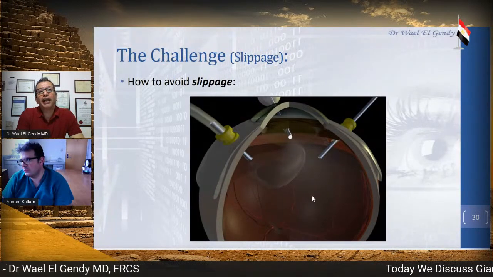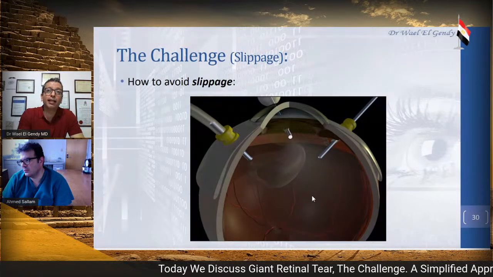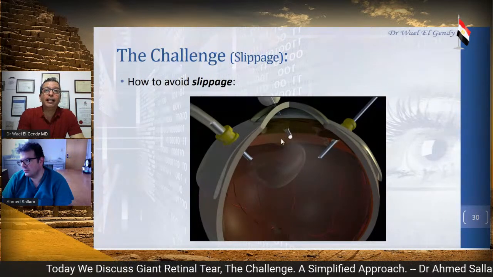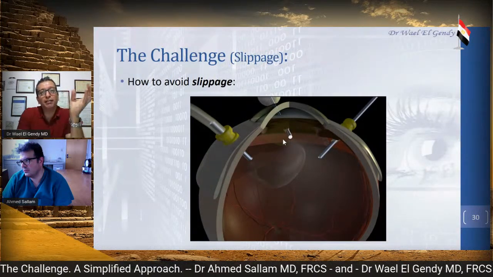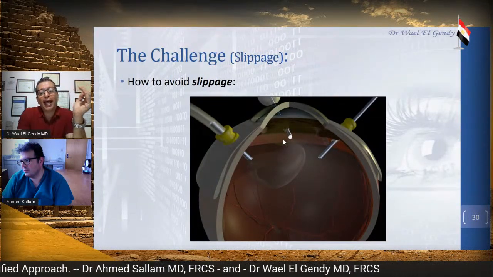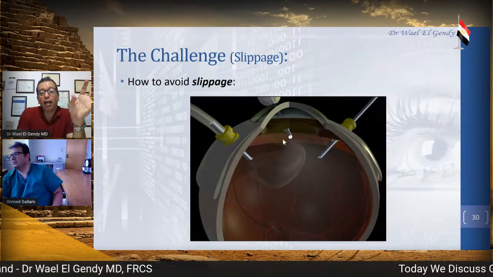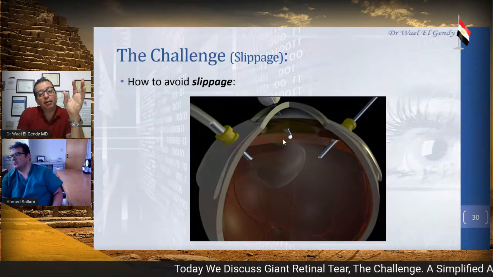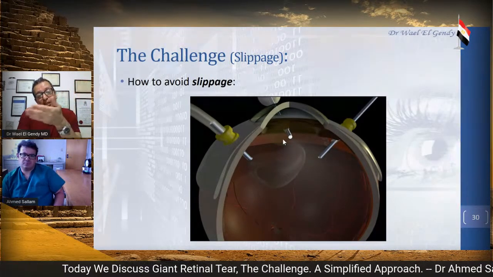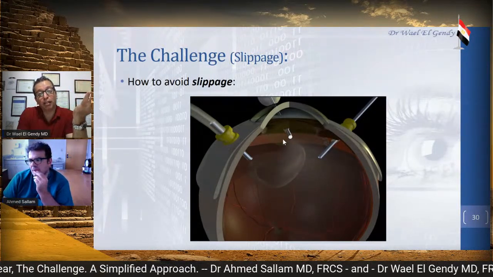So when we do direct PFC silicone exchange, in this situation, the silicone and the PFC don't act like the air and the PFC. They are both hydrophobic, and the BSS, or the fluid-filled eye, is hydrophilic, of course.